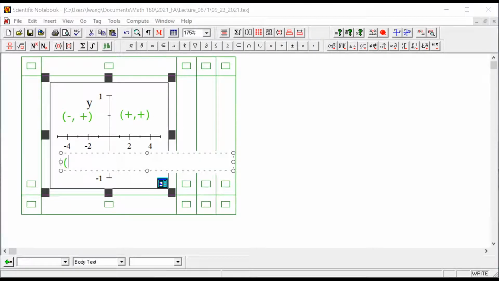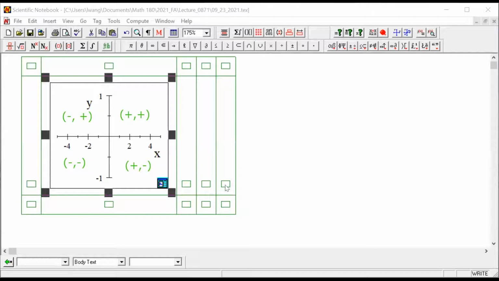In the third quadrant, x is negative, y is negative. We have seen those examples before. The fourth quadrant: x is positive, y is negative. Do you agree?